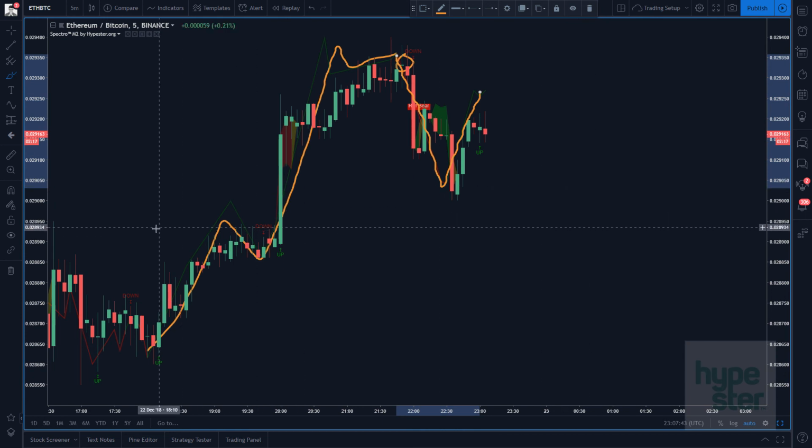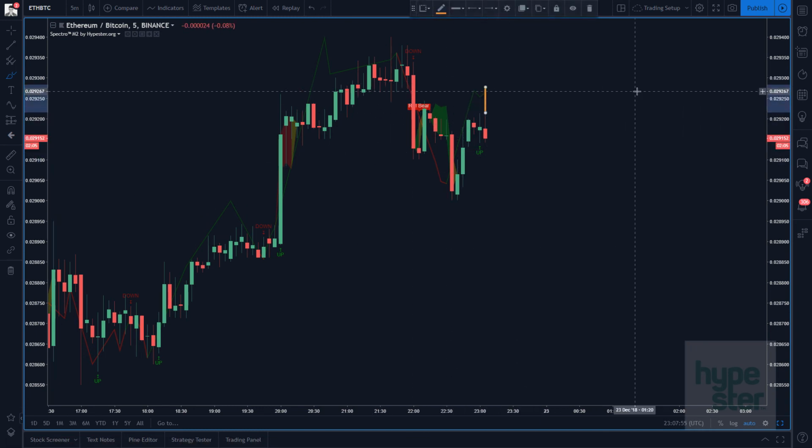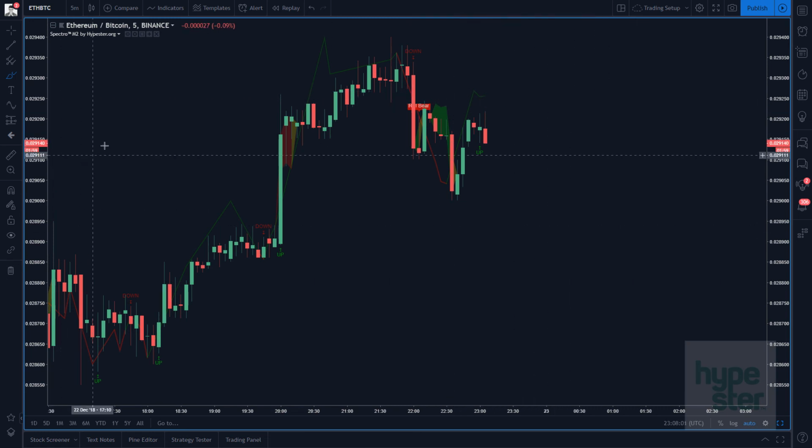So the smart trend is very easy to read: if the trend is continuing, it will print, hey, it's still an uptrend, it's more likely for it to go up. But if it stops printing, it says, hey, the trend has stopped, I don't know where it's going, so be careful.